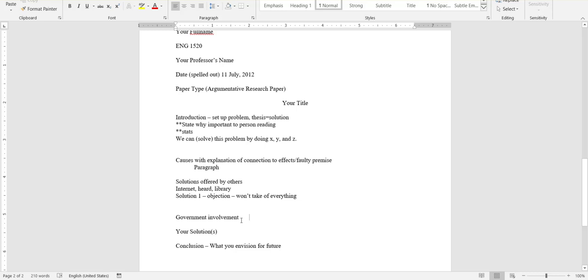Also, if you do introduce your solution, be cognizant of money, because the biggest objection people will have to your solution will likely be money involved to do it. So it's a good idea to come up with a plan of where the money would come from.